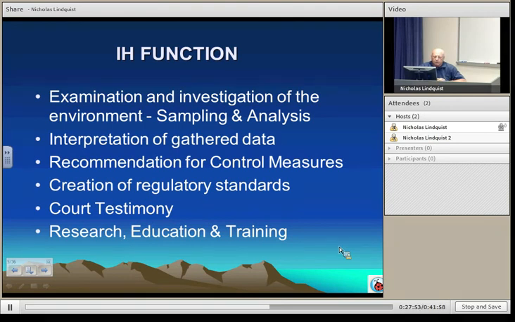In addition, you could be involved in doing court testimony. If you are working for a company, that testimony may be in the form of testifying at a workers' compensation hearing, or if there's a legal case that maybe OSHA has brought against you, you may have to go and give testimony about your company, your work practices and procedures, and so on.